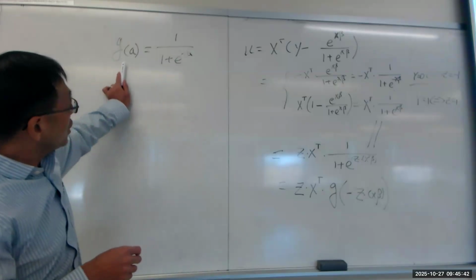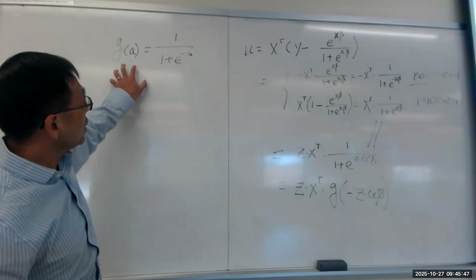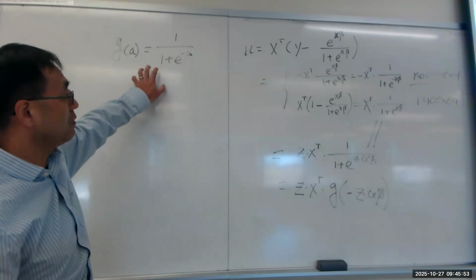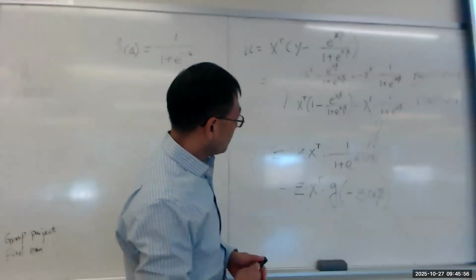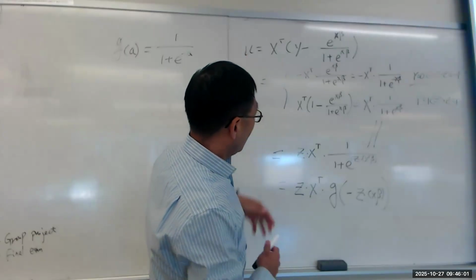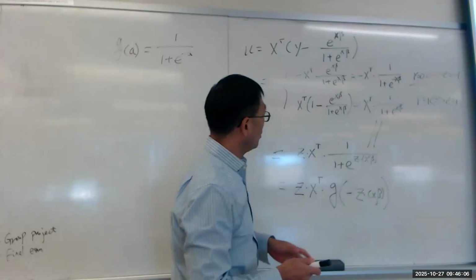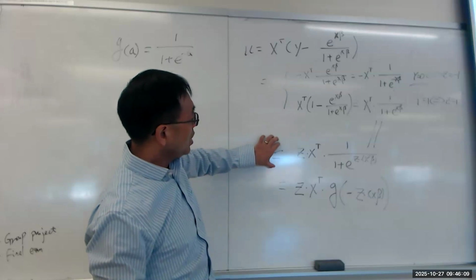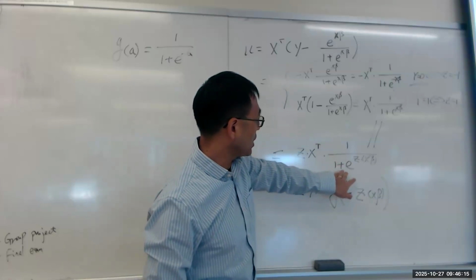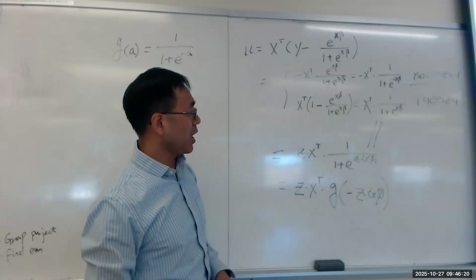So first we define a function g of a, which is 1 over 1 plus e to the -a. This function is the inverse of the logit function, because we're doing logistic regression, so that's why we define it this way. For the gradient, we first showed it can be written as z times x transpose times 1 over 1 plus e to the z times x beta, for z equal to 1 or -1.